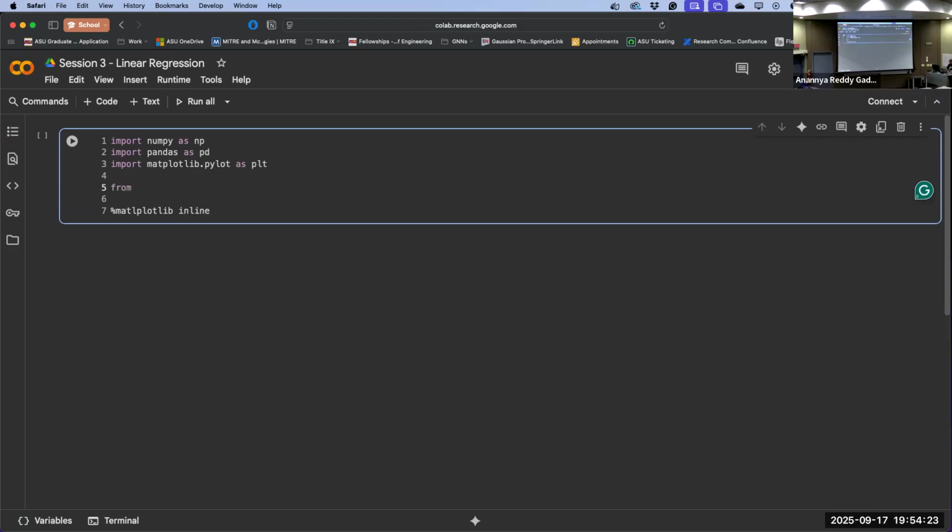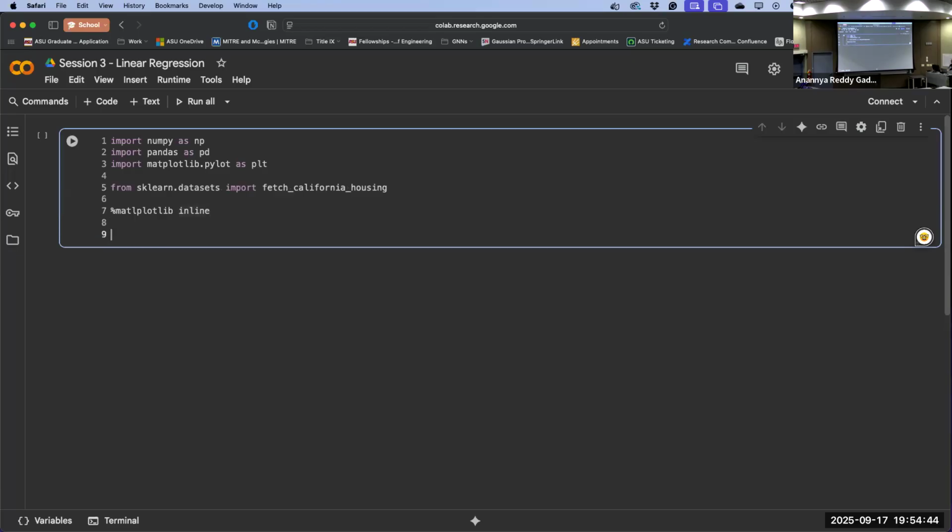Now we are going to import that specific thing. So this is the data set we are going to use. Now we will be loading the California housing data set using scikit-learn.